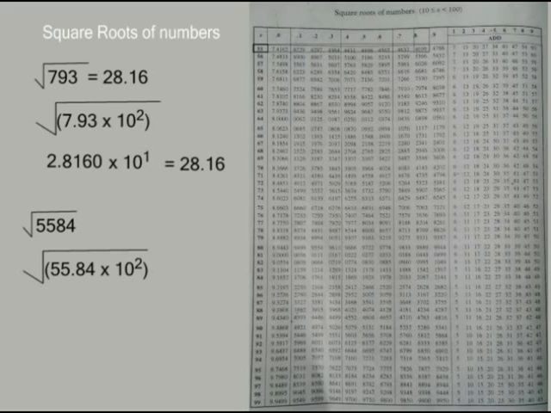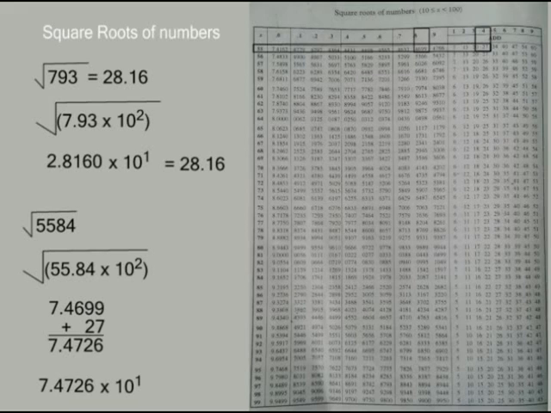Coinciding with 8 here, we have 7.4699. Next, the add column coincides with 4 here. We have 27, and so we add it here. So we shall have 7.4726. Square root of 10 raised to power 2 is 10 raised to power 1. And so we shall have 7.4726 times 10 raised to power 1, or simply 74.726.